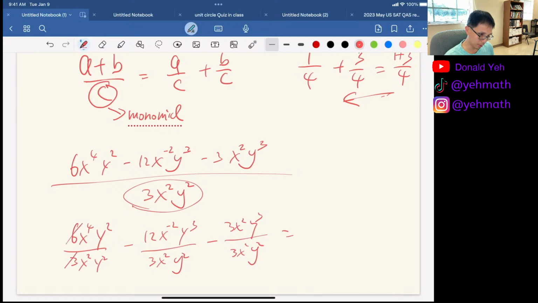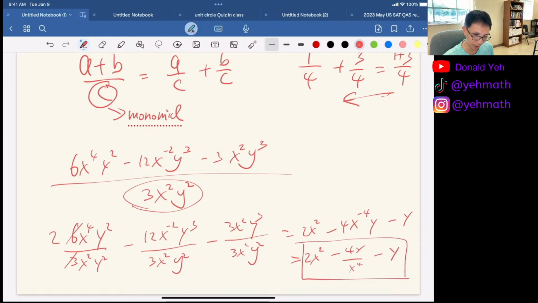This is going to be 2x^2, and y^2 minus y^2 is 0. Anything to the 0 power is 1. Then minus 4x^-4 because top minus bottom, y to the 1, minus the 3x^2 cancels, and that's 2x^2 minus 4y over x^4 minus y.